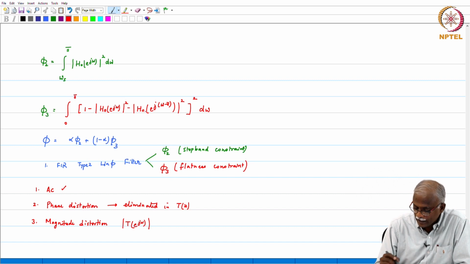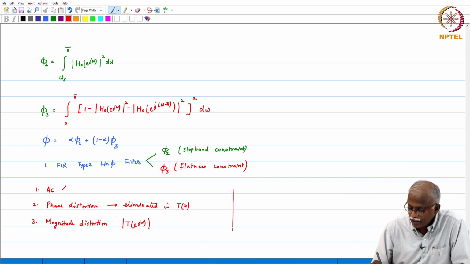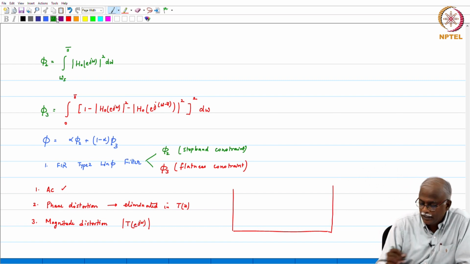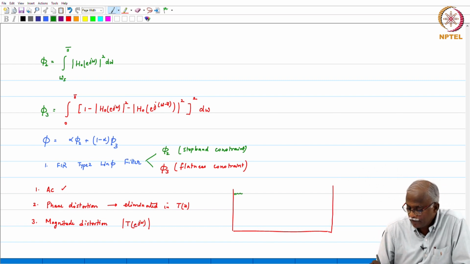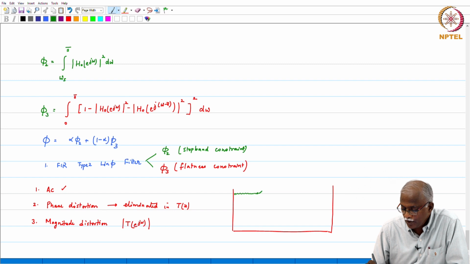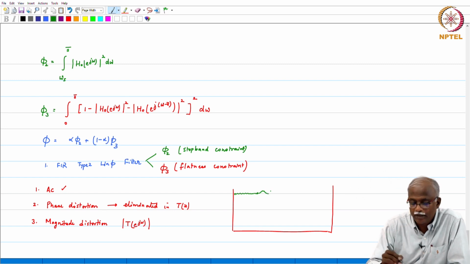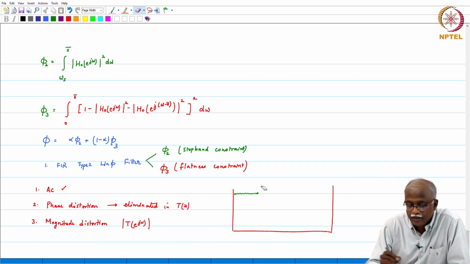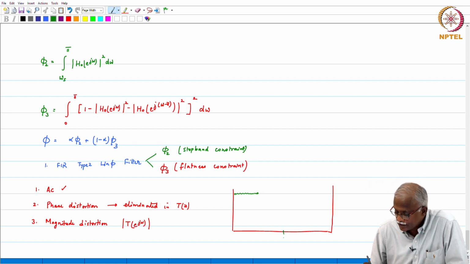That more or less comes from phi 3, and this is what the response will look like. You have a very flat response in the region of the pass band, then maybe a small bump where the transition band occurs. So if this is pi by 2, this is where the transition band will occur.